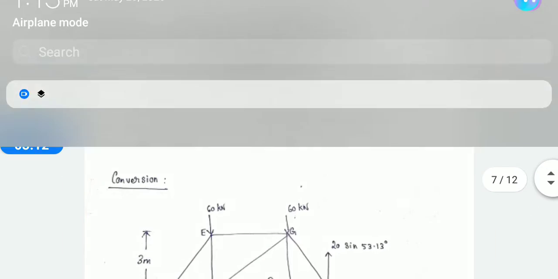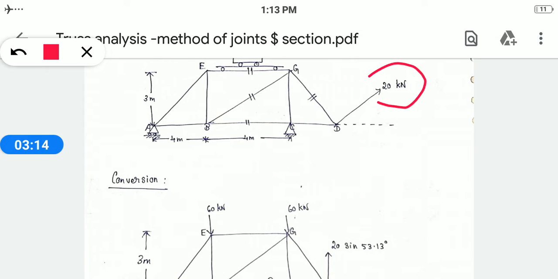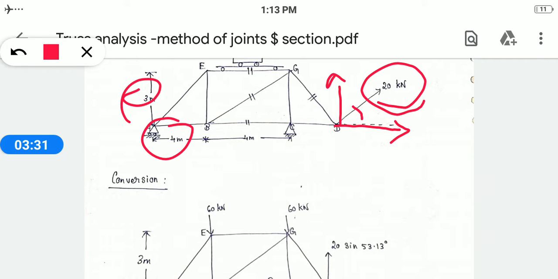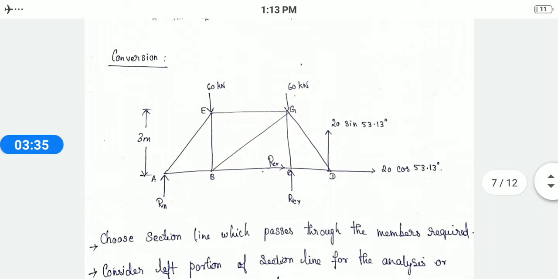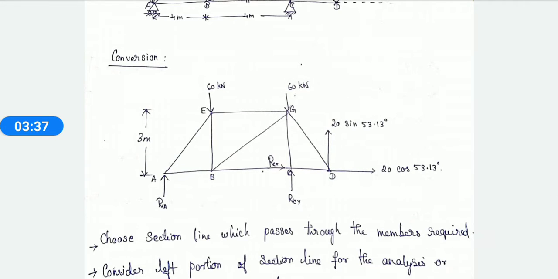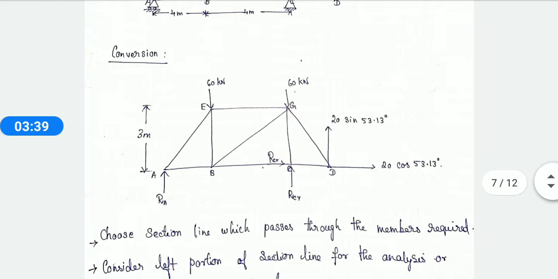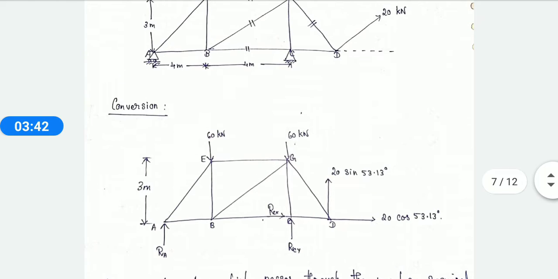And this 20 kilonewton is a force on the member that is divided into vertical and horizontal components. The angle can be calculated using the formula opposite by adjacent, giving theta equal to 53.13 degrees.